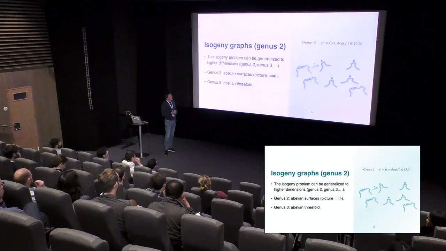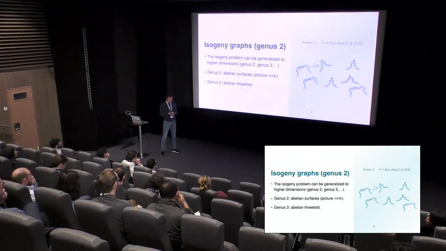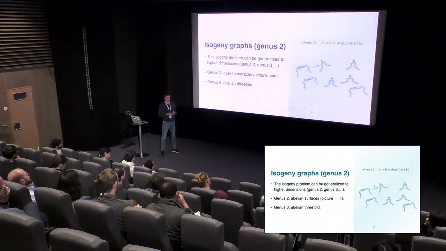But the important thing is that this problem, which is assumed to be hard also for quantum computers, to find an isogeny between abelian varieties, which are a generalization of elliptic curves, is still hard.